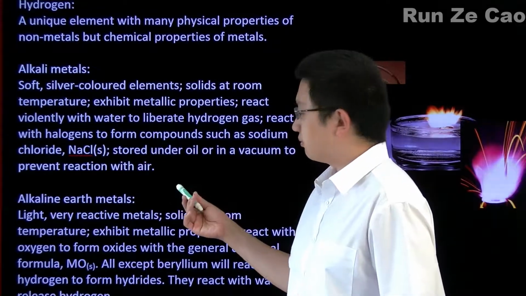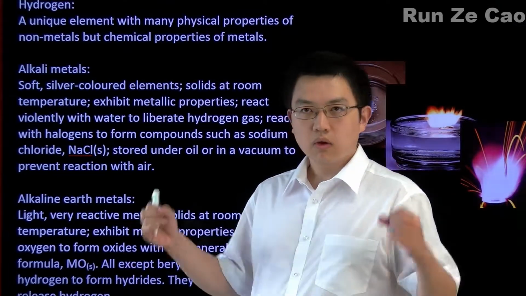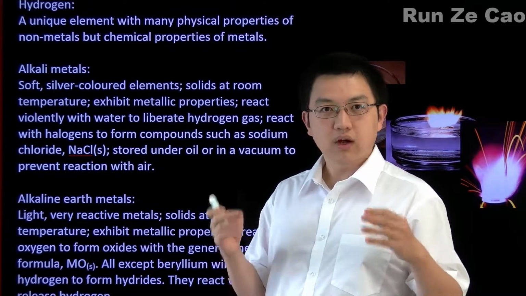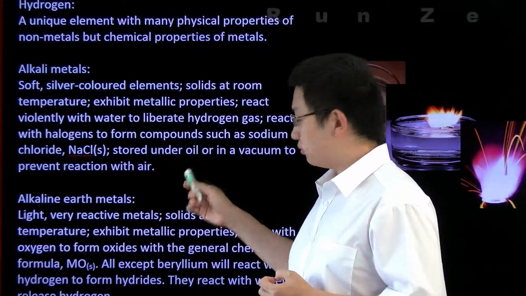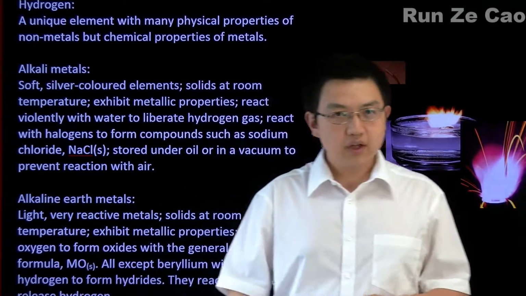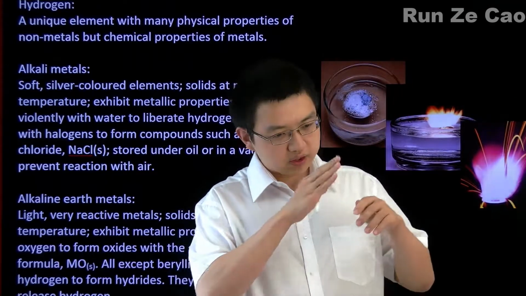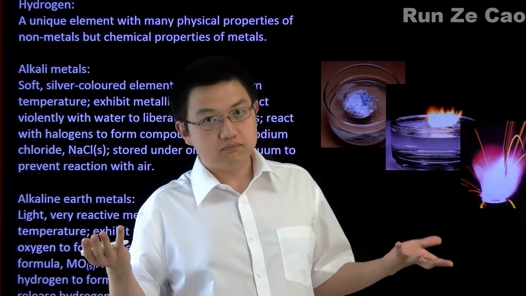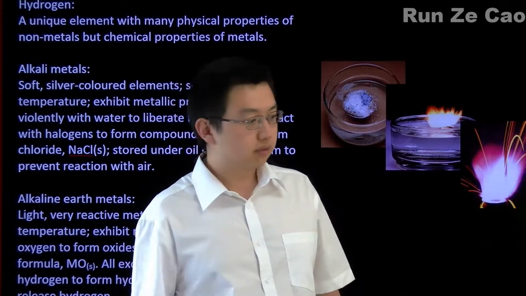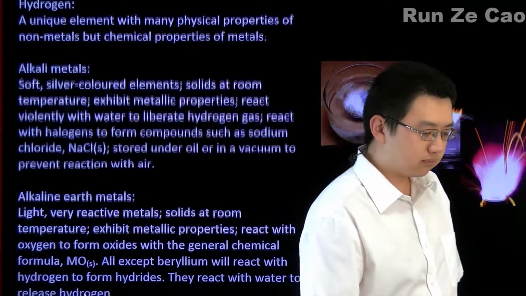Well, what happens? If it touches oxygen, it will oxidize very, very quickly. This is why when you take it out of the oil and you cut it with a knife, you will see the surface literally darken before your eyes. And what's that? That's an oxide coating.